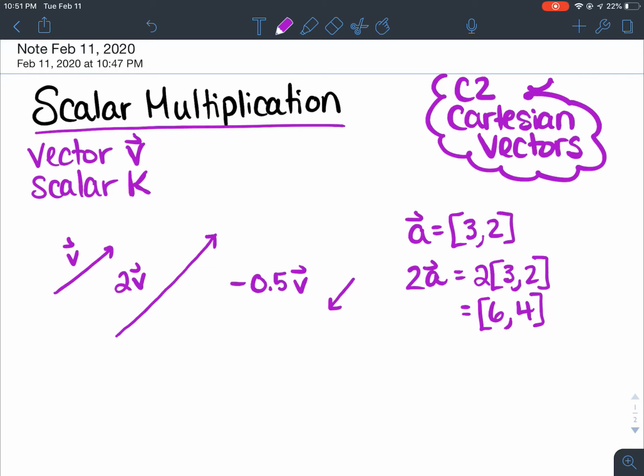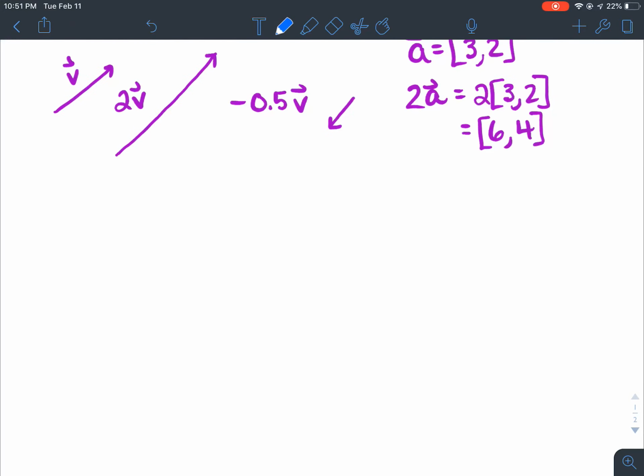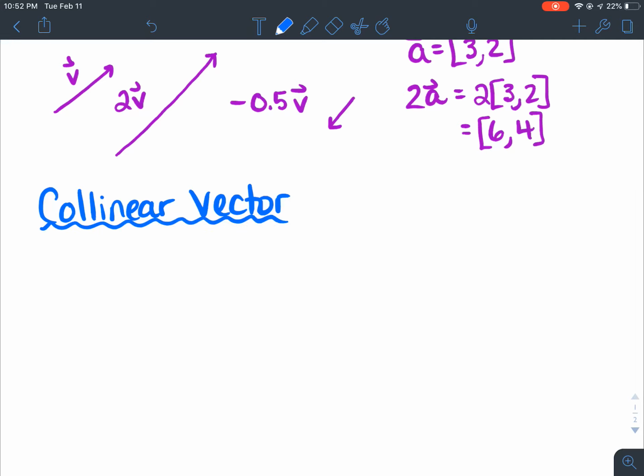Okay, and then that brings us into another word that we haven't used yet called collinear. So we learned about equal vectors, opposite vectors, parallel vectors, and there's something called collinear vectors. And I'm bringing this up now because collinear vectors are scalar multiples of each other. So here's what we know about collinear vectors.